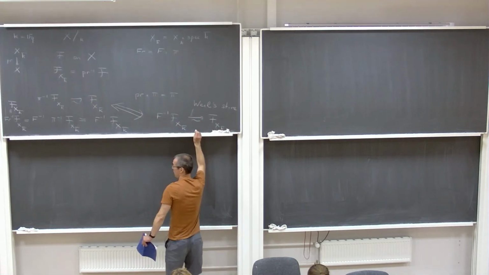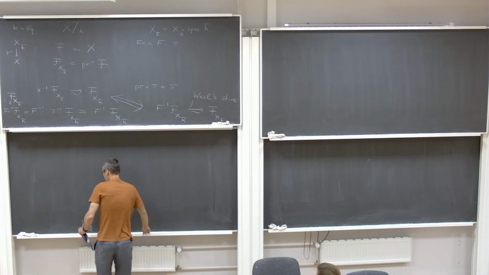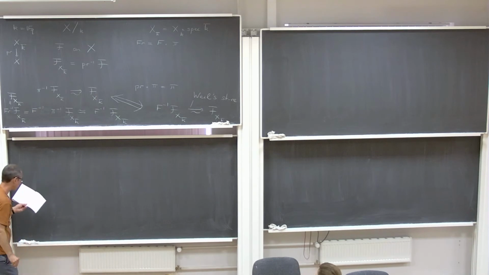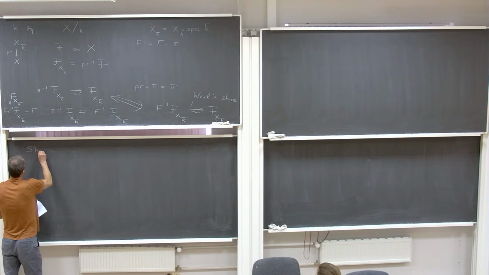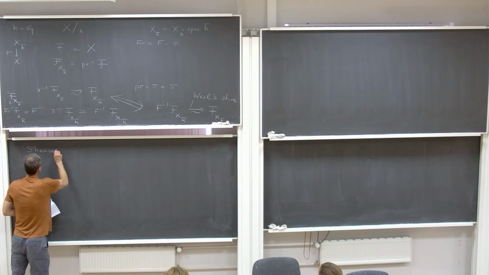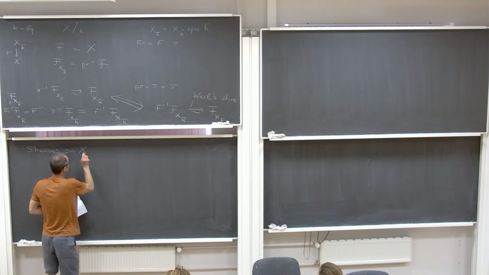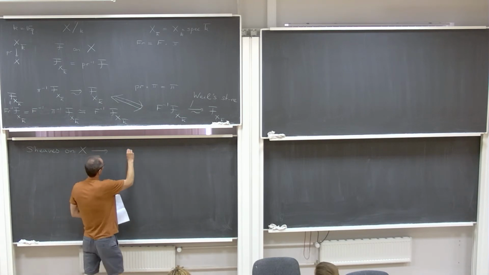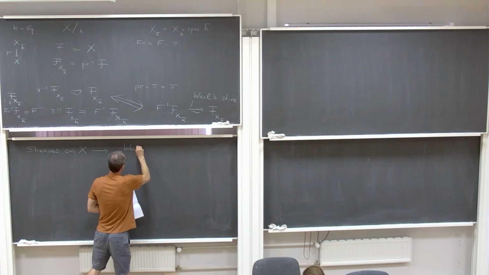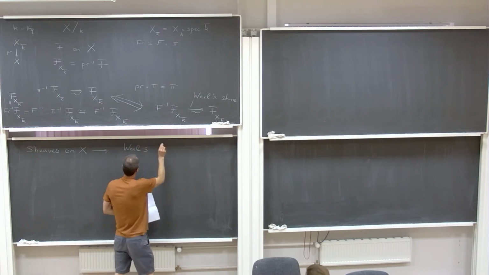So what we get from this is a functor from sheaves on X to what I want to call Weil sheaves.